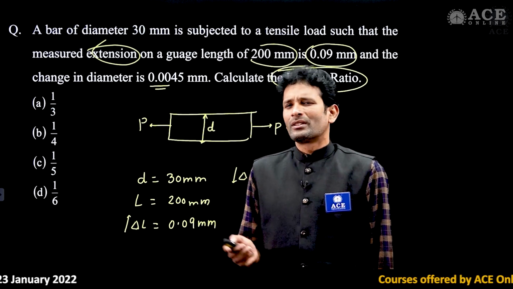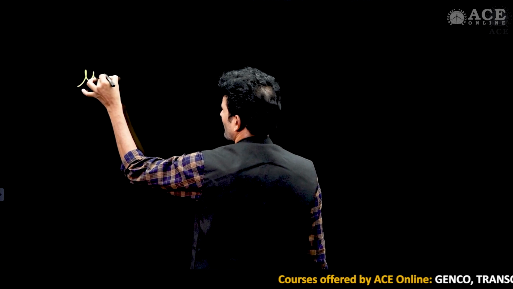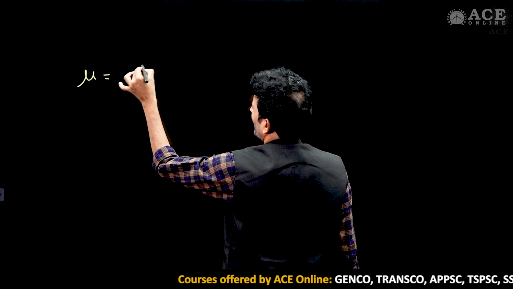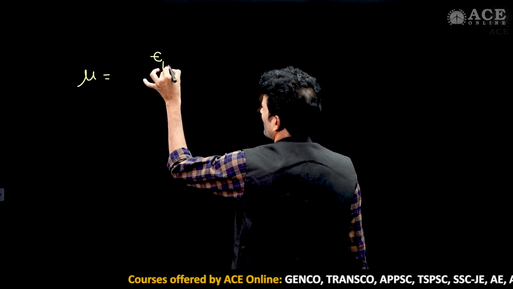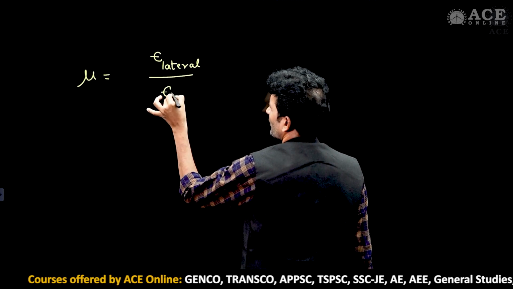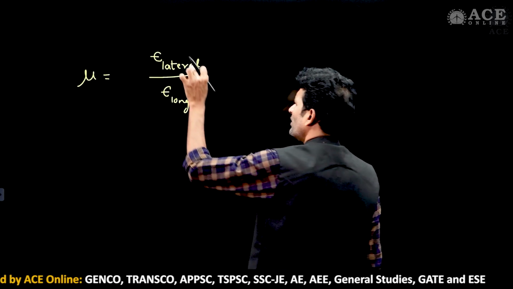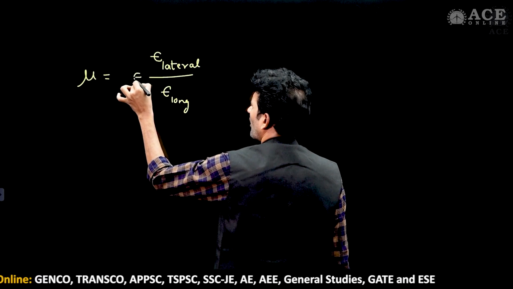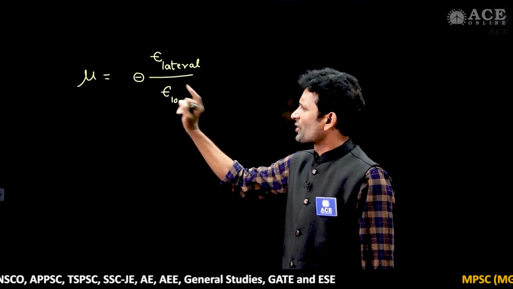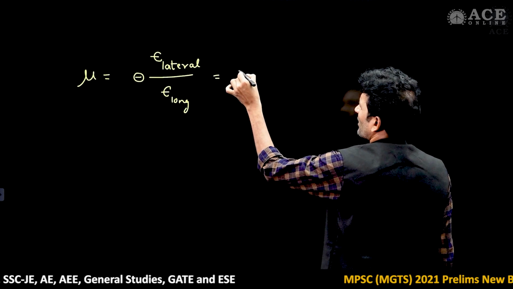Let us observe the definition of Poisson's ratio. Poisson's ratio is the lateral strain divided by the longitudinal strain. But we know these two strains are opposite to each other. Here the minus sign indicates both strains are opposite to each other. Now, what is the lateral dimension we are observing?